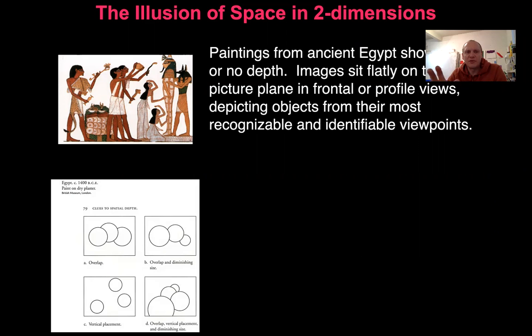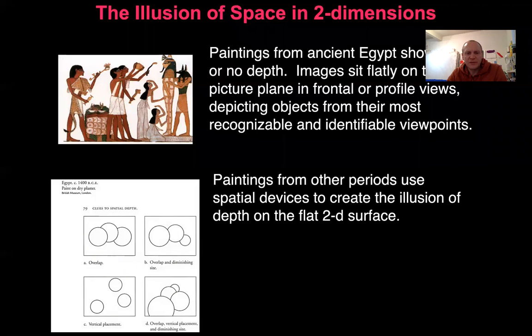We usually see profile views, and objects are depicted from their most recognizable, identifiable viewpoints. That's not to say there are no illusions of space, because we see overlapping happening a lot in Egyptian art.